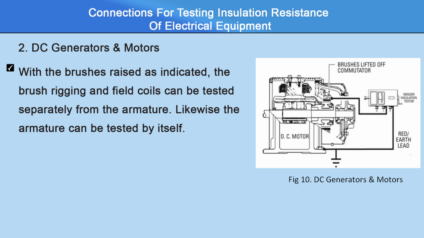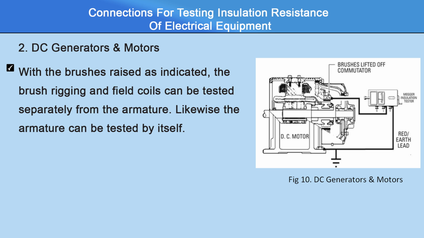Now the next electrical equipment is the DC generator or motor. Again in this the insulation tester is connected with the DC motor through brushes or commutator, and one point is connected to the frame or earth lead. Figure 10 shows the DC generator and motor connected to the megger insulation tester.